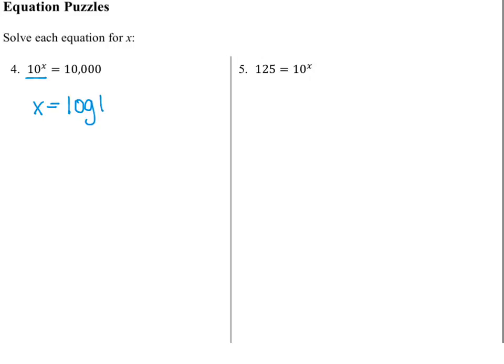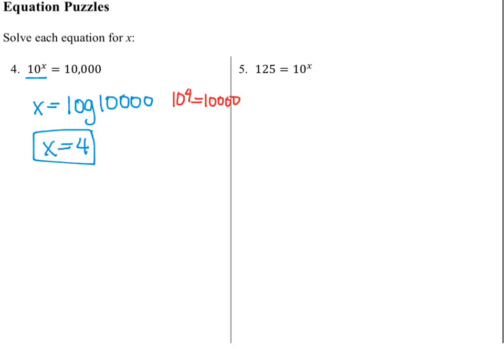So I can say x is equal to log of 10,000. And I could plug that into a calculator, or we know that 10 to the 4 is equal to 10,000. And so x is equal to 4.